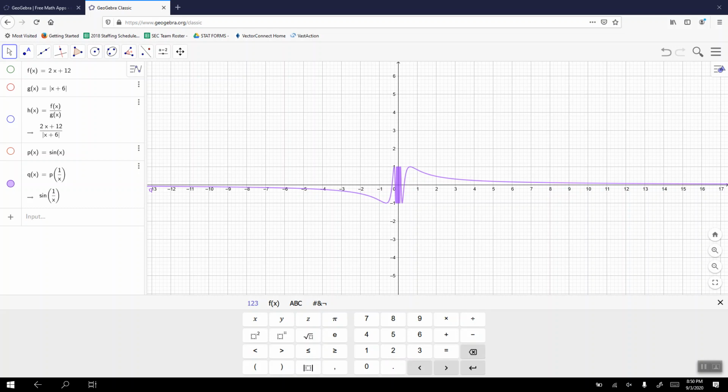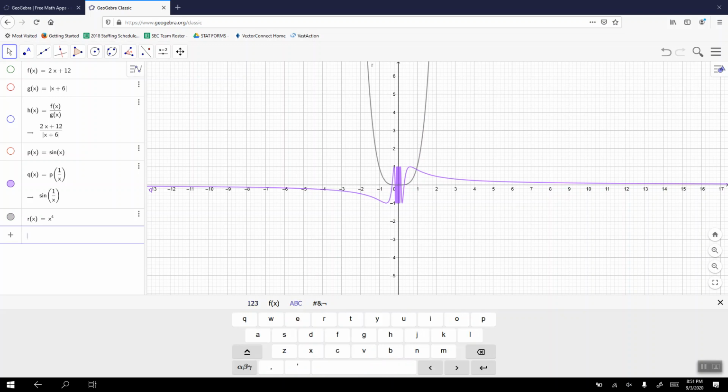And then what we said here is that now we want to multiply by a quantity of x to the 4th. So I'm going to introduce x to the power of 4. There we are. So here's my function x to the 4th. Now I want to multiply the function that I came up with, sine of 1 over x, by x to the 4th.